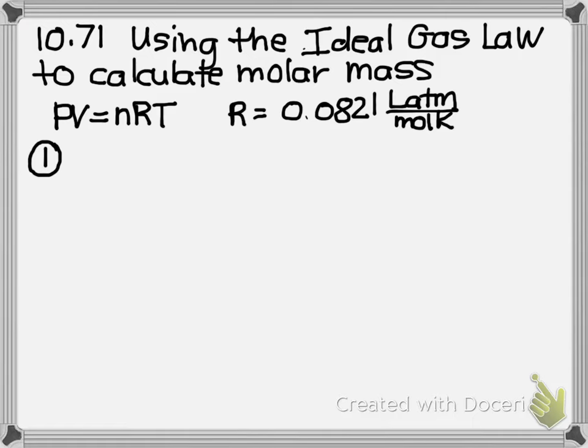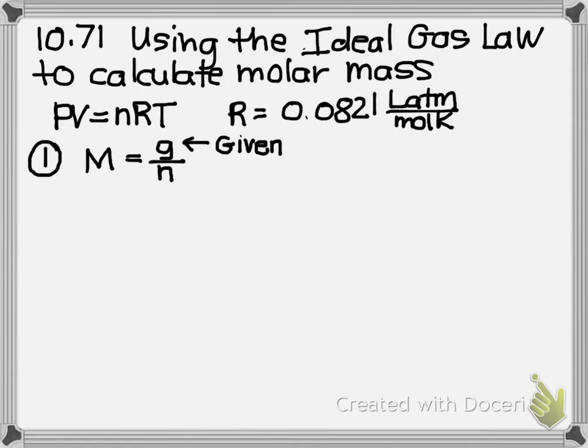So we know that molar mass is equal to the grams divided by the moles. When you are asked to calculate the molar mass, they will have to give you the grams. We're going to read problem 10.71 in a minute, and it will give us the grams.